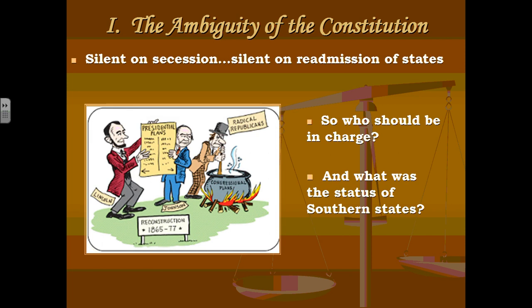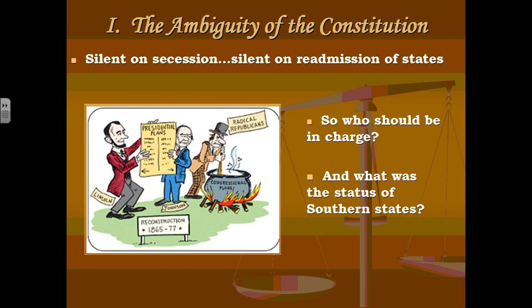Well, we have a problem. The Constitution didn't help us when states tried to leave the Union, and so there's no surprise that it doesn't help us when it came to readmit states to the Union. The big question was who was going to be in charge. Abraham Lincoln felt that he would like to be in charge.